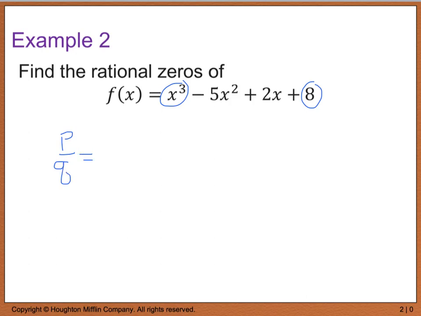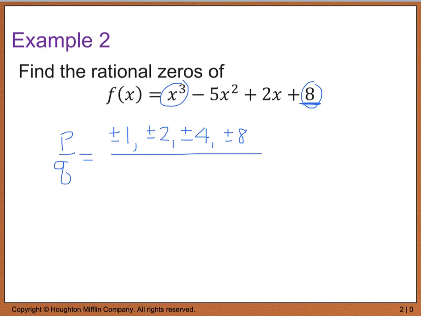Now p is going to be the factors of our constant term, in this case 8. So factors of 8, we're going to come up with this by going plus or minus 1. And it will always be plus or minus whatever your factors are. So that gives me plus or minus 2, plus or minus 4, and plus or minus 8.